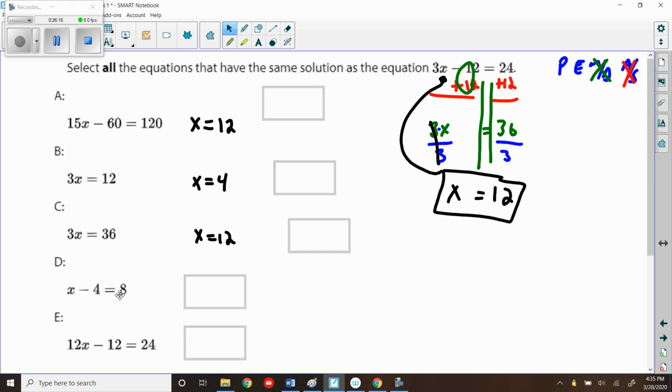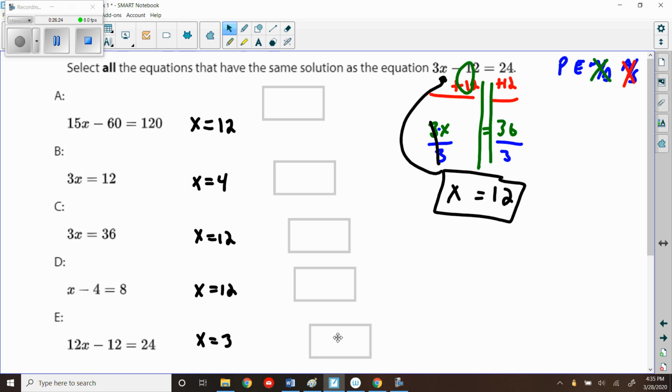If I added 4 to both sides here, I would notice that x is 12. And if I added 12 to both sides and then divided by 12 on both sides, I would notice that x is 3. So I'm looking for something that has the same solution. That's giving me choice A, choice C, and choice D.